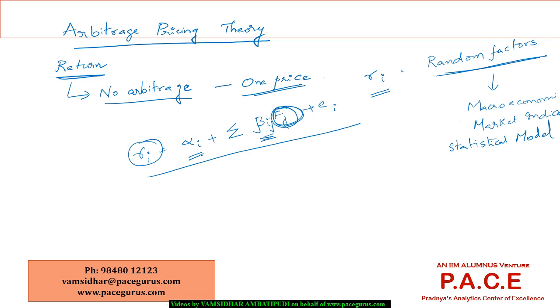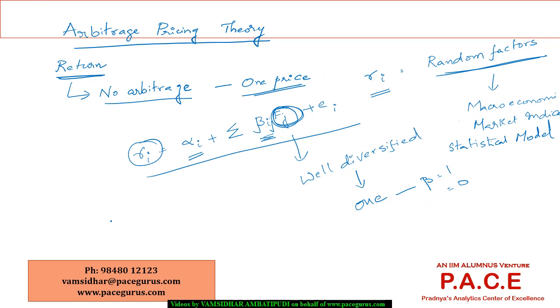So this factor portfolio is a very important aspect here, which is typically talked of as a well diversified portfolio, and it reacts only to one of the factors, which means the beta will be 1 for that particular factor and 0 for all the other factors.